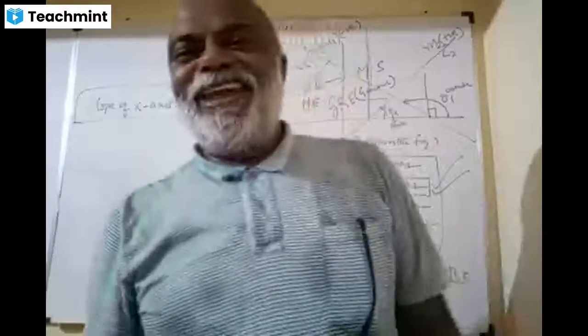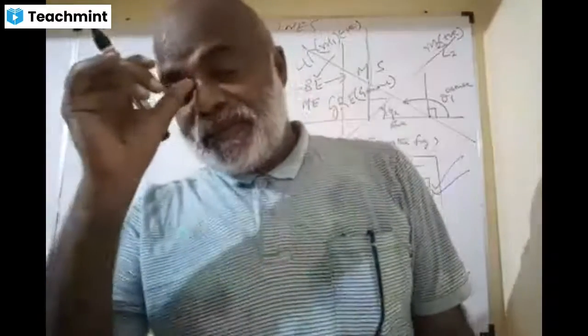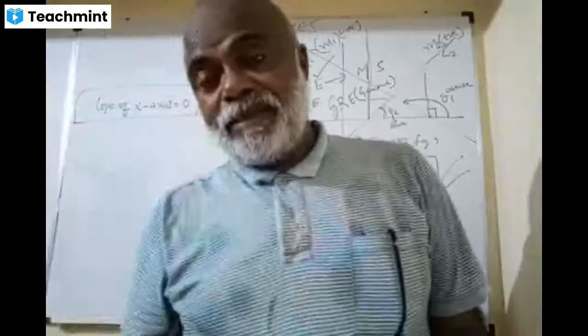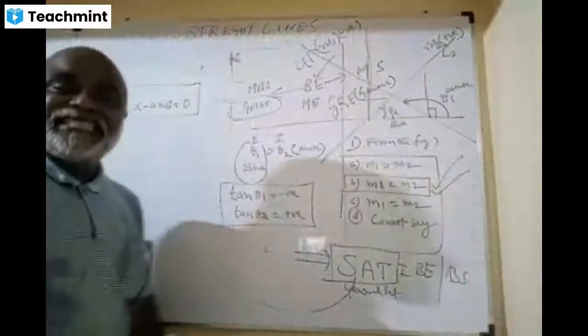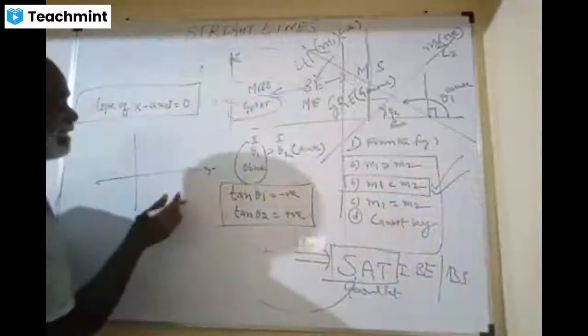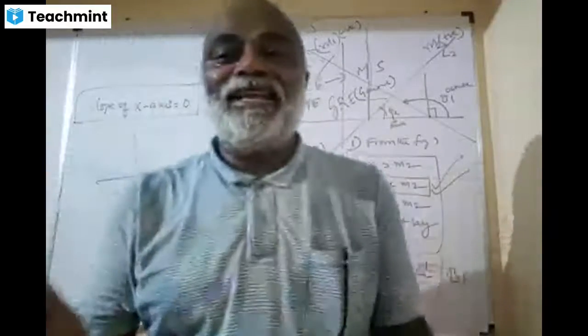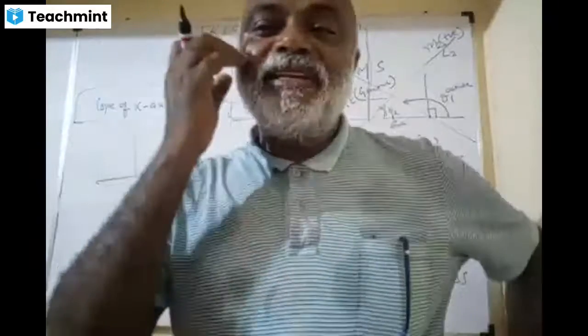Preeti, are you able to follow here? Okay. Slope of x-axis is 0. The reason is that the x-axis makes an angle 0 with the x-axis.